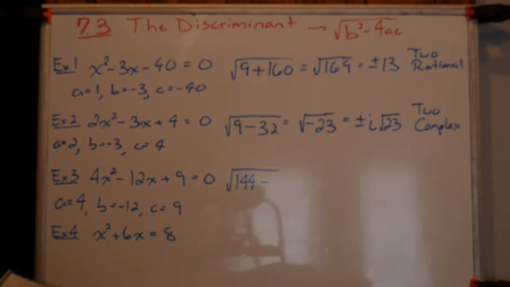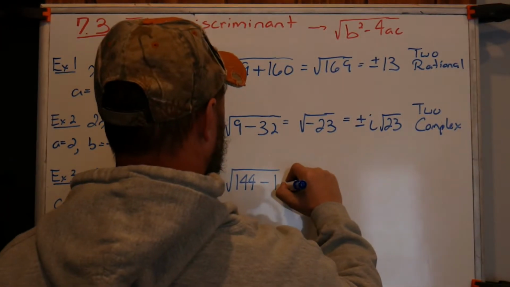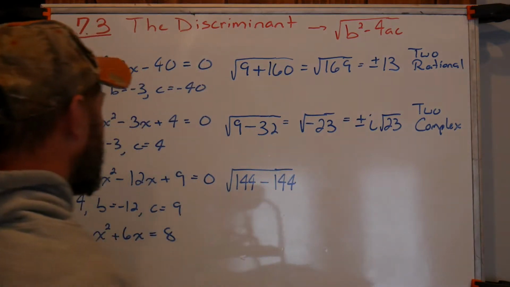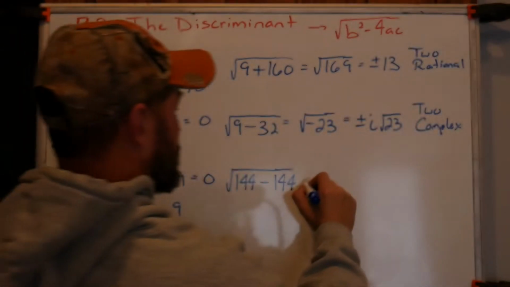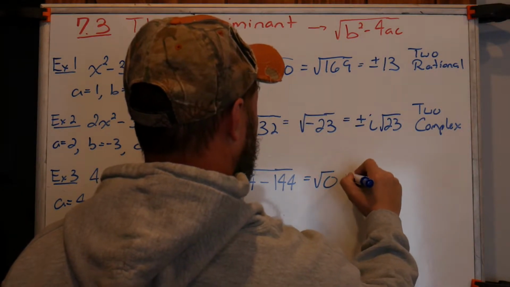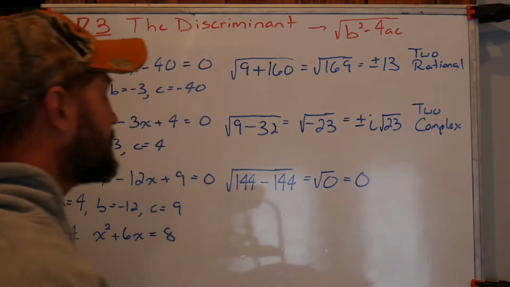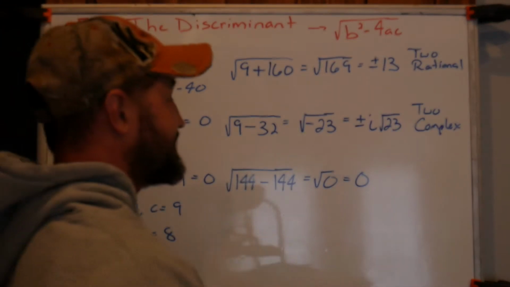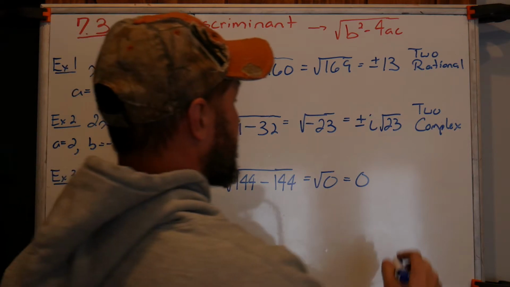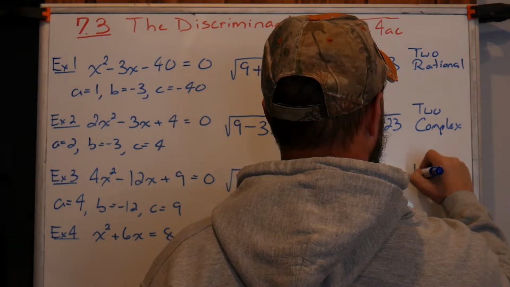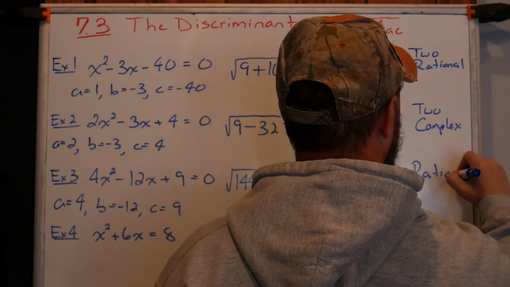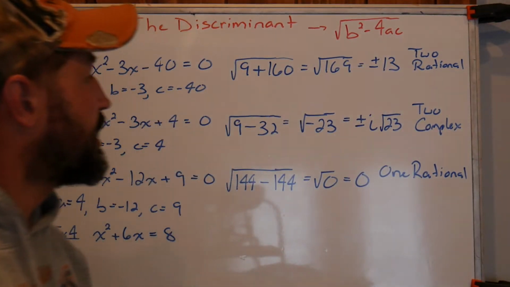And I'm going to cheat real quick. Whoa, which oddly enough, 4AC gives us 144. So we have 144 minus 144. Square root of 0 is 0. There is no positive or negative. So here we get one rational.